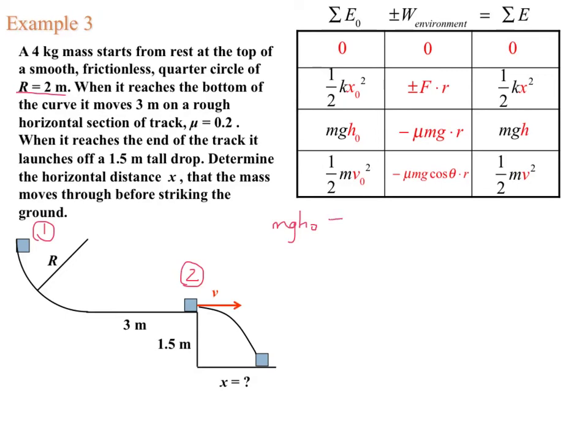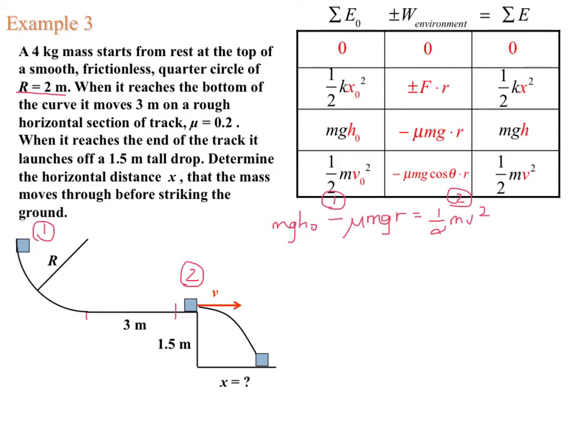Again, we're losing energy because of friction along that path of 3 meters. And at the very end, at position 2, so this is at position 1, at position 2, we're going to have kinetic energy.